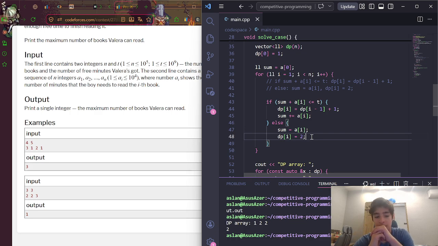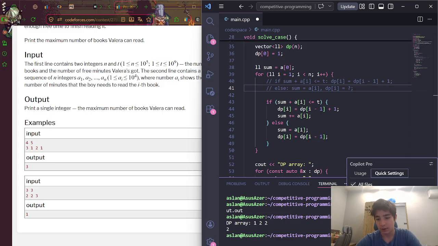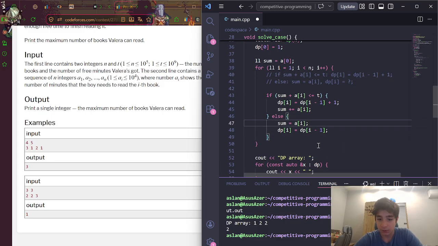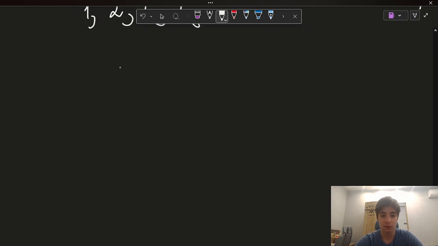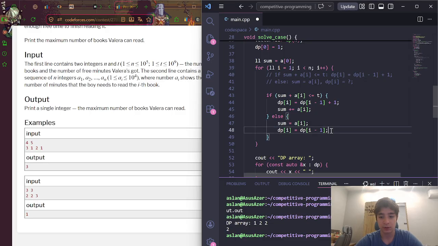I will need to put the previous value. I mean, do I need to put DPE minus 1? I'm really stuck. So if I put the previous value like 1 and 1, but what if there are 3 books I already read and I put 3 books again? I couldn't do this. So I'll need to put some if and else.